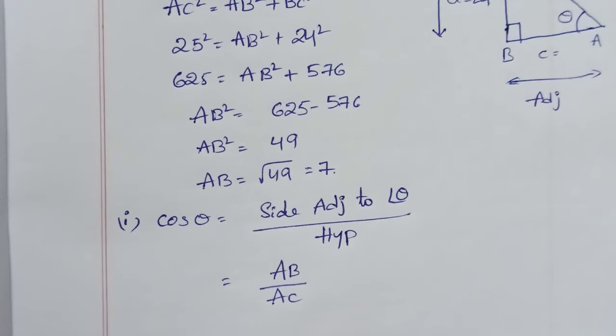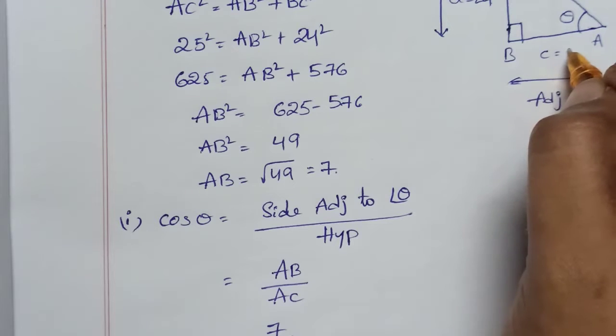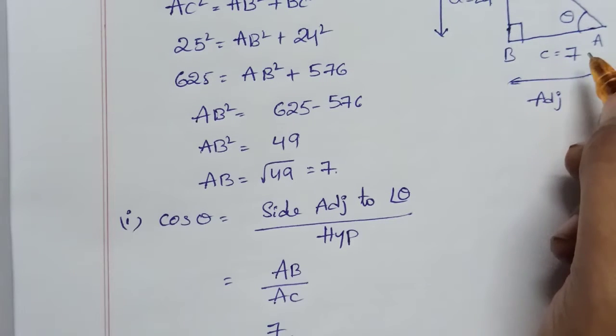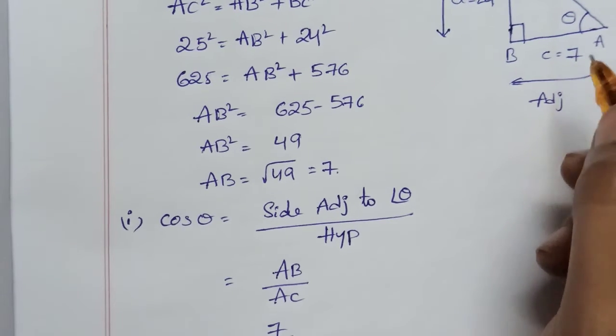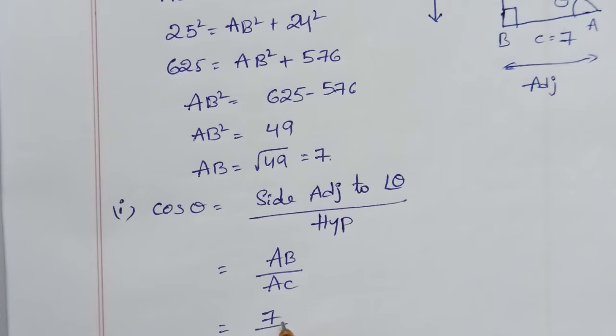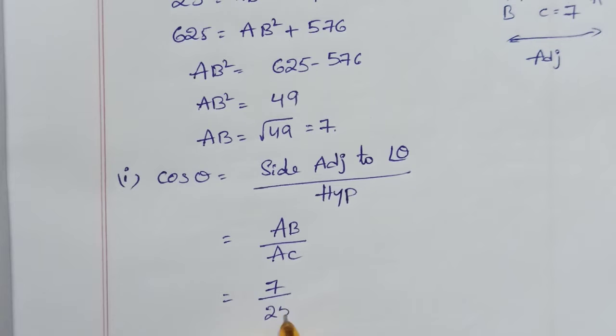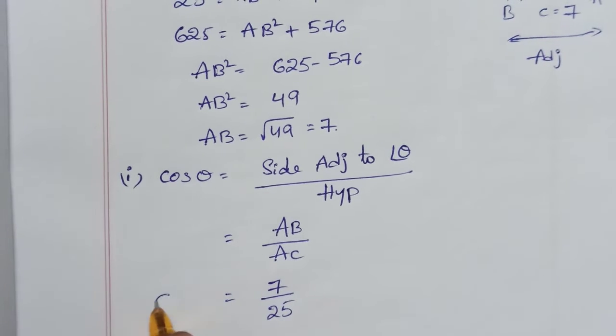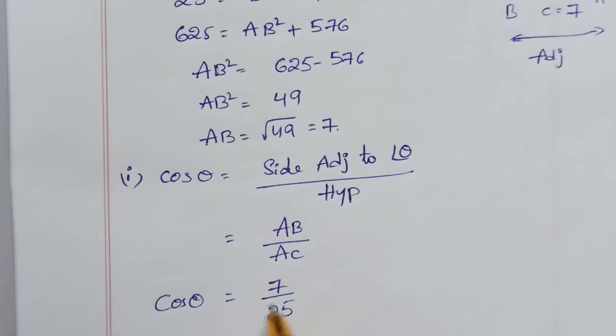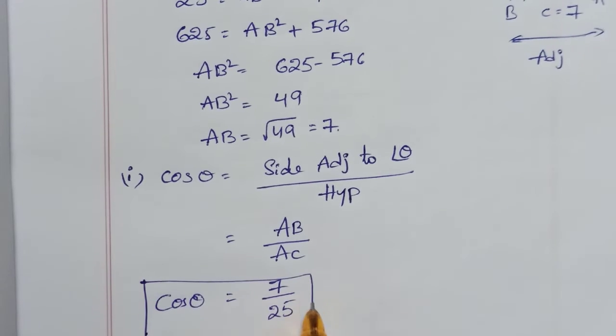AB length is 7. AC is equal to 25. Therefore cos theta is equal to 7 by 25.